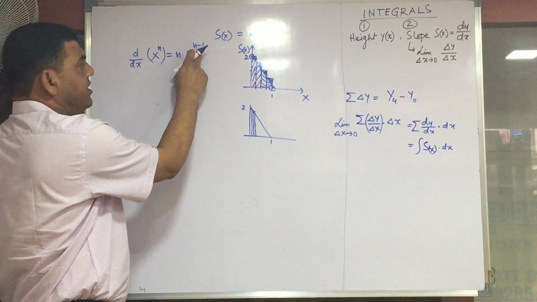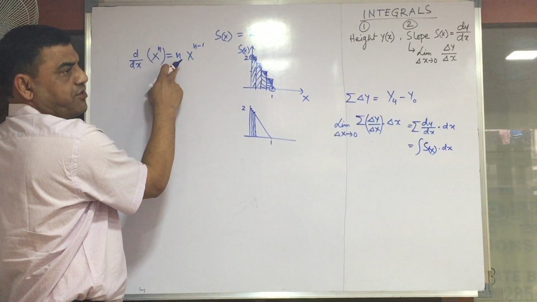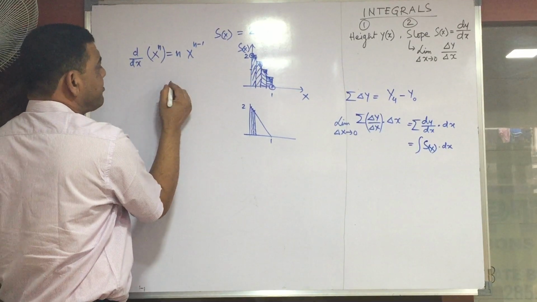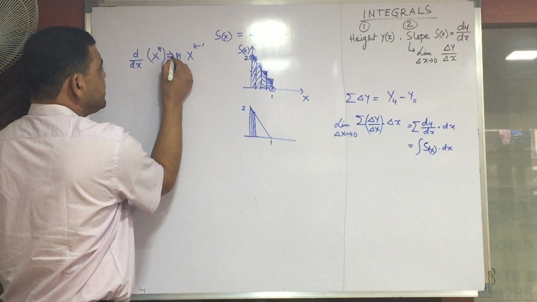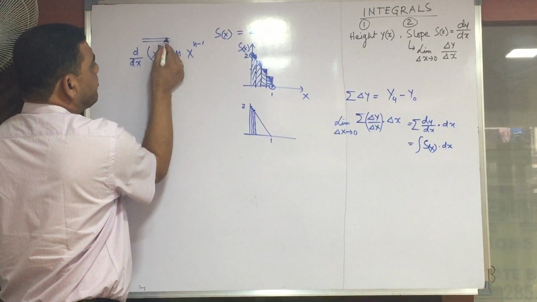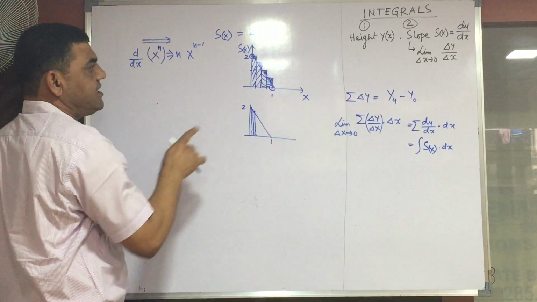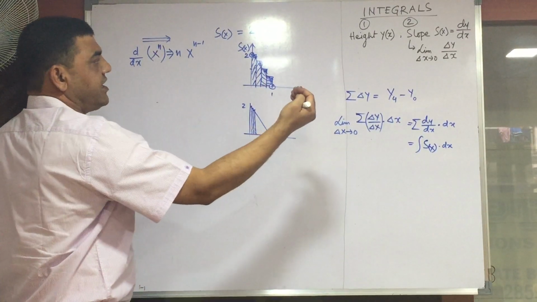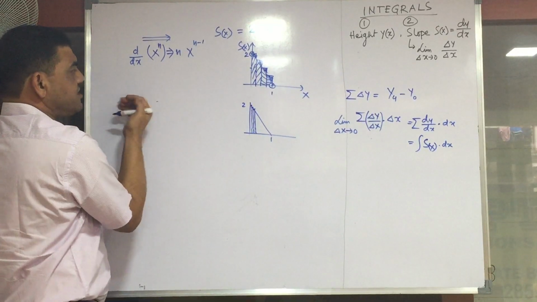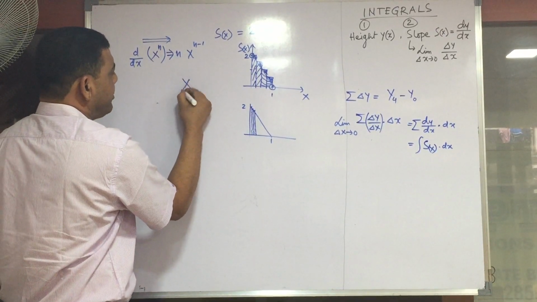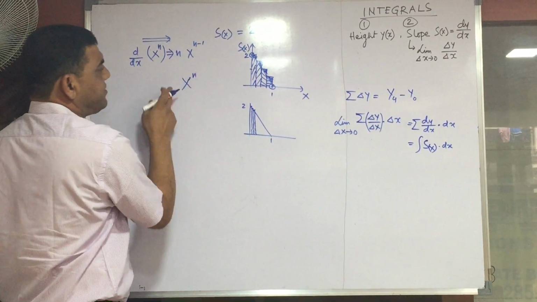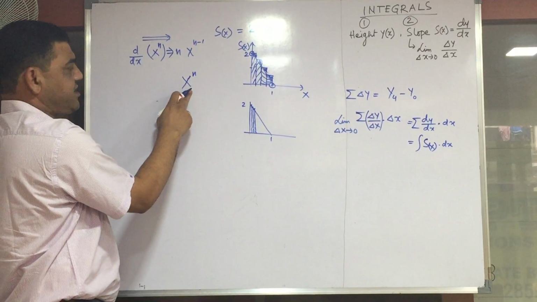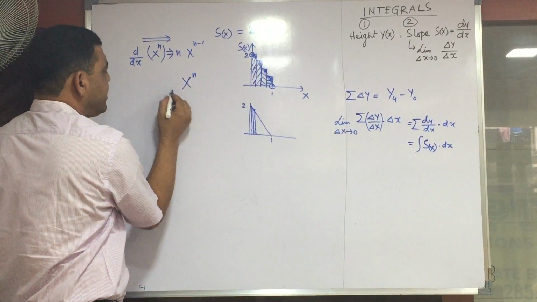The power gets reduced by 1 and the original power comes to the front. Now if we want to find out the first function, in this process we have gone in the forward direction and differentiated, and as I stated, integration is just the reverse process. So if we want to find the first function when the second function is x to the power n, we go in the reverse direction.